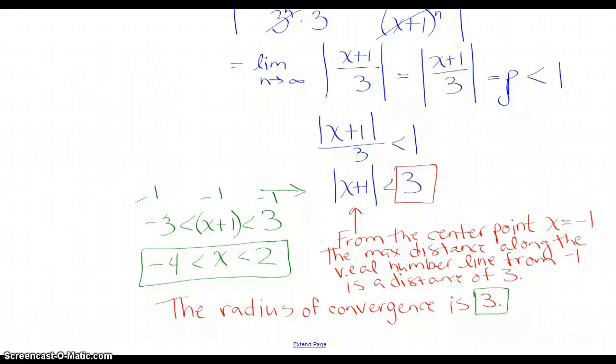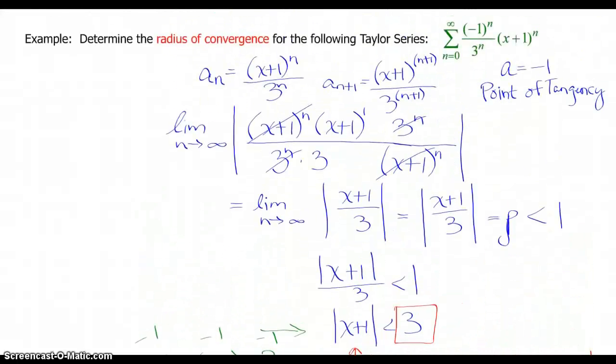It's asking you how far from the center point that this series was built around, how far along the real number line to the right or to the left can I go and pick up x values and put them in this power series and be guaranteed that the power series acts just like the function. And for us, the absolute ratio test says you can go 3 units to the right of the center point at x equal negative 1 and 3 units to the left. That is a radius of 3.